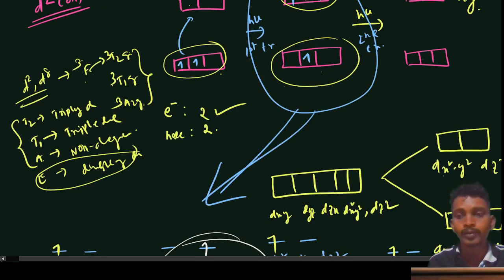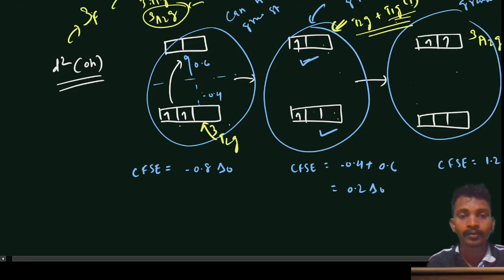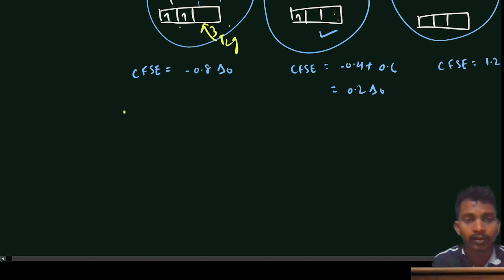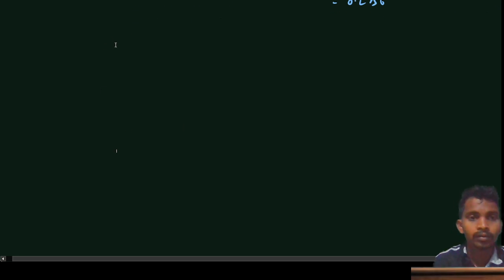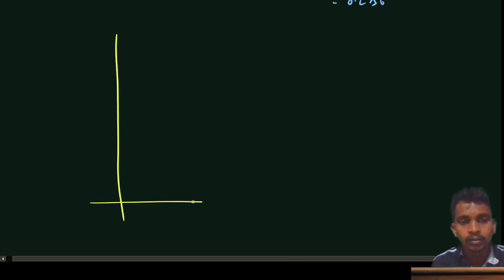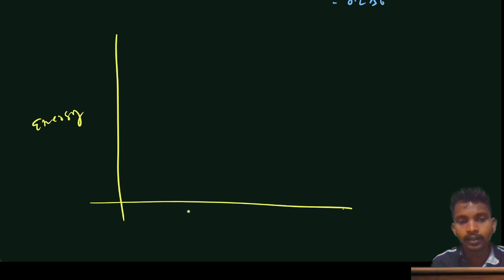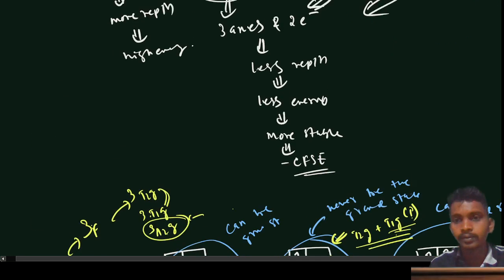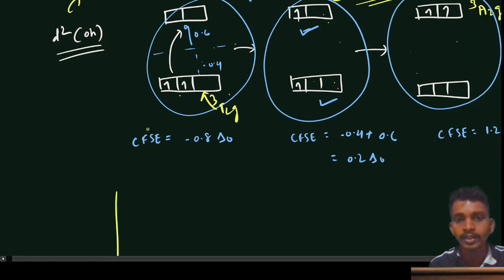Now how to draw the Orgel diagram for this. If I draw the Orgel diagram, this is the energy, and this is the ligand field strength. Which value is the ground state here? From the CFSE you understand which is the ground state.